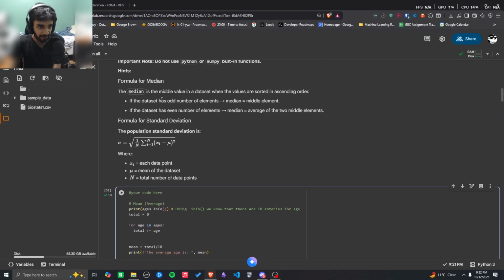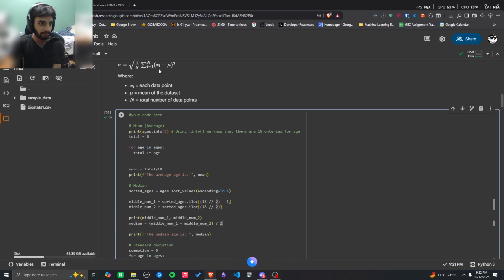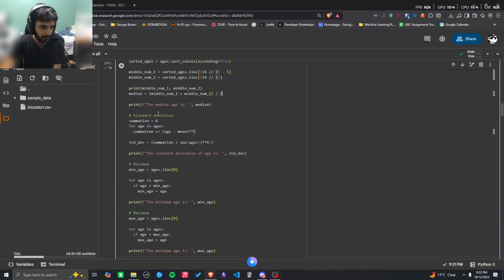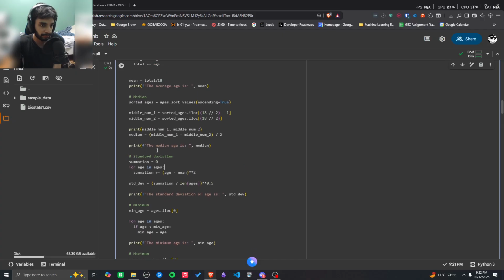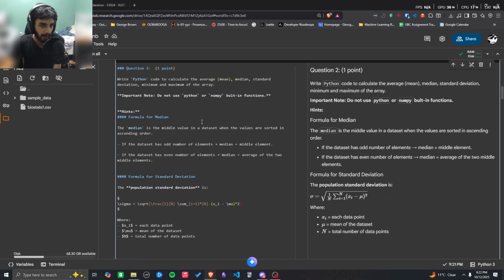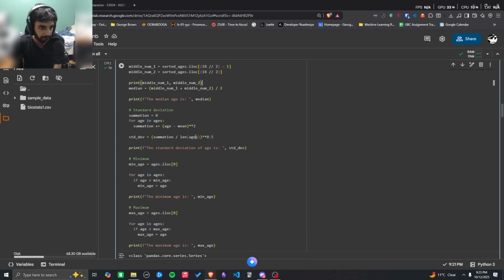Then standard deviation. This was a bit tricky to understand, but essentially you're adding all the ages from the initial one minus mu, and squaring them. Using online help, I found that we set summation to 0, similar to total, and we're getting the total of all the ages from i to n, where n is essentially 18, because that's how many entries we have.